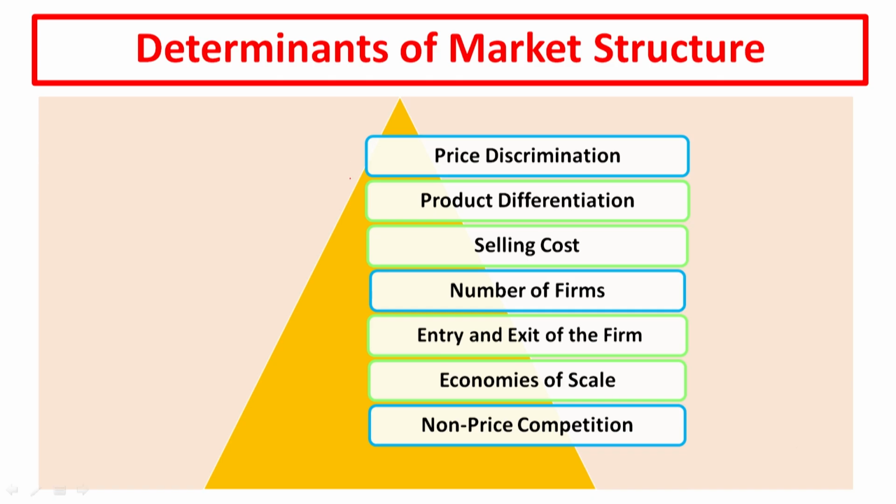The 7 determinants are price determination, product differentiation, selling cost, number of firms, entry and exit of firms, economies of scale, and non-price competition. One by one, we'll be taking all these 7 points with you.